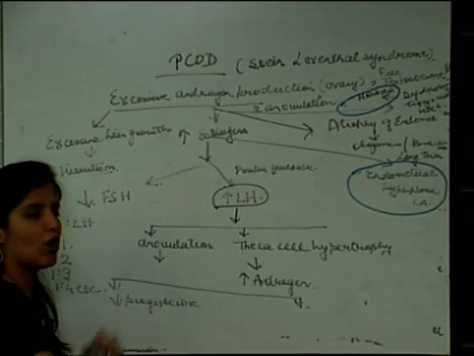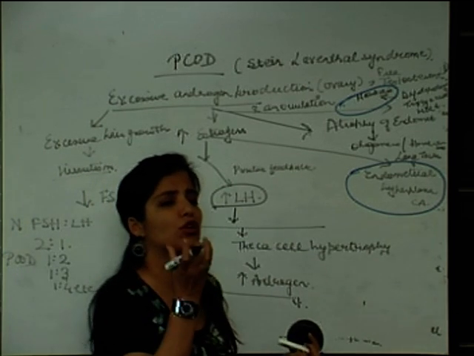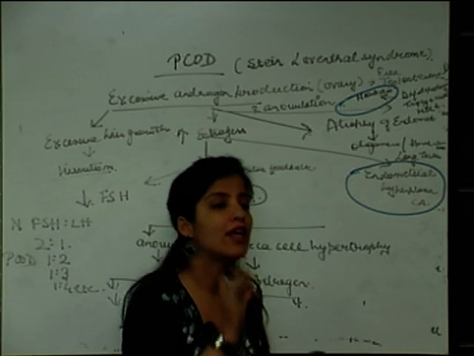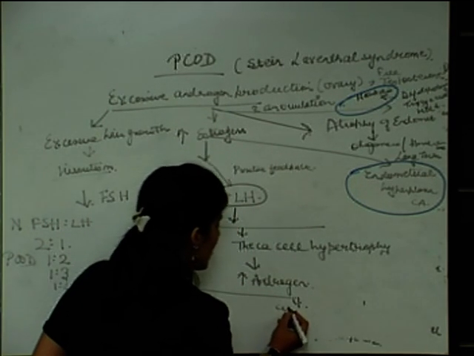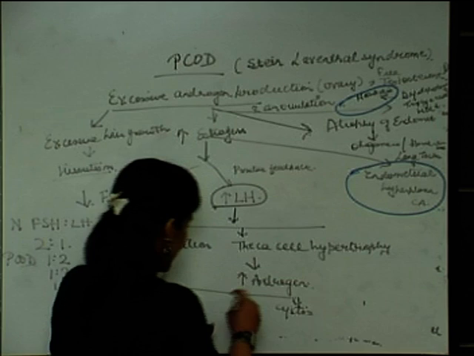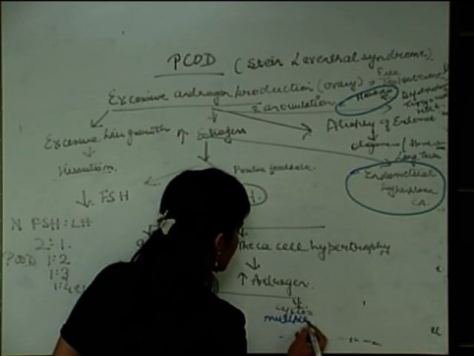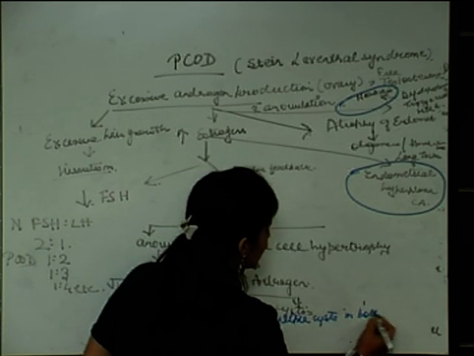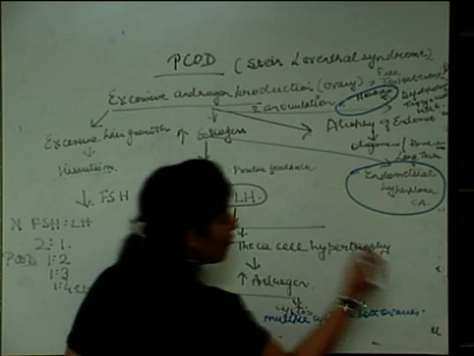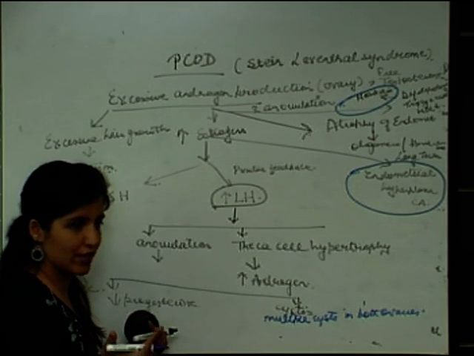And number 2, if there is no ovulation, what happens to the Graafian follicles in these females? These follicles are converted into cysts. This is the reason why there are multiple cysts in both the ovaries in case of PCOD, and this is the reason why it is called polycystic ovarian disease.